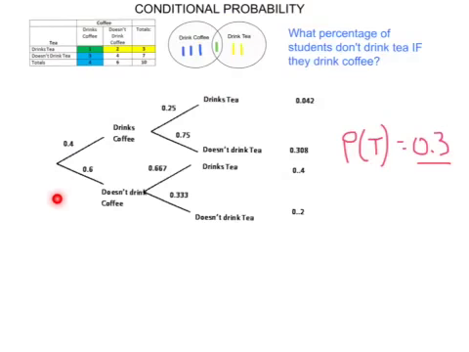But if we look at our splits here, the probability of drinking tea here is a quarter, 25%. But the condition here is that the person is a coffee drinker. That's really all that is the condition. And over here, the probability of drinking tea is as high as 0.667, or 2/3, if they don't drink coffee.